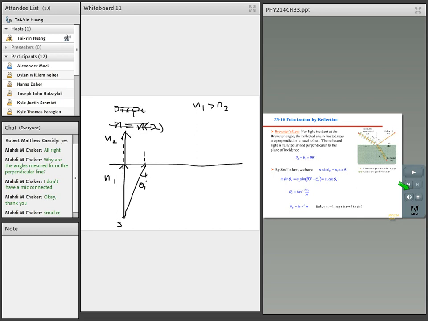Which one is smaller, theta 1 or theta 2, if n1 is larger than n2? So my question to you is, is theta 1 larger or smaller?